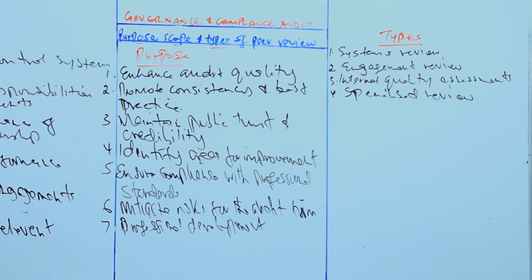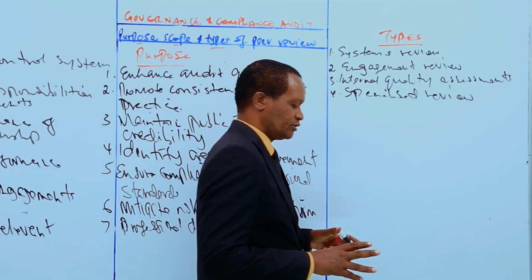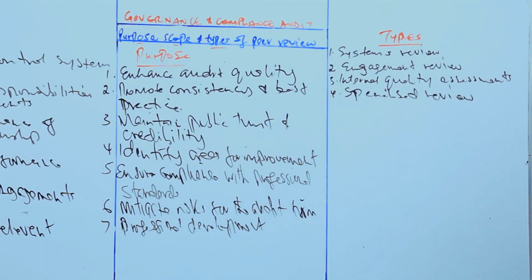For example, we may have reviews for firms auditing public companies, or specific reviews for government audit organizations. So that's what we call specialized review. So these are four key types of peer review.